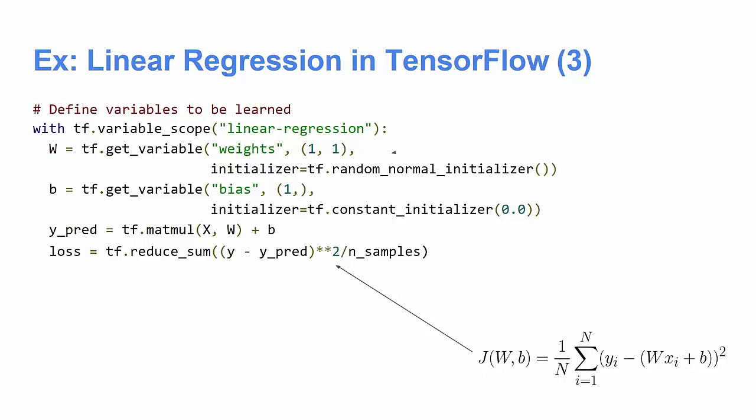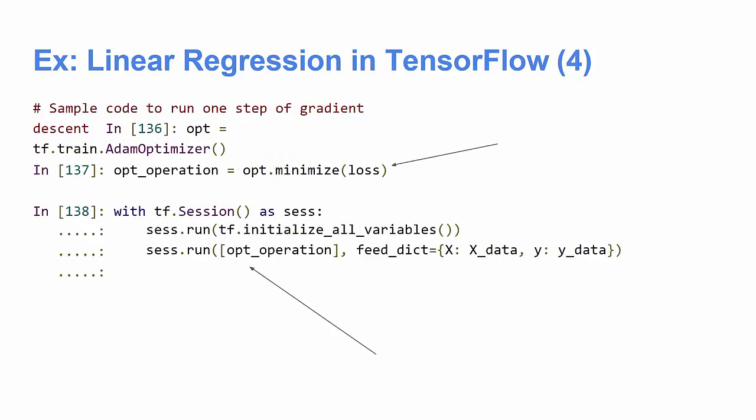Then we can minimize this loss function to get the linear regression best fit line. Now we do the operation equal to opt.minimize(loss), and now if we do with tf.Session as sesh and then sesh.run(tf.initialize_all_variables()) and do sesh.run(opt_operation, feed_dict with x as x_data and y as y_data), it will optimize.